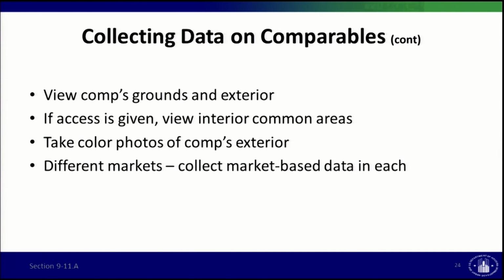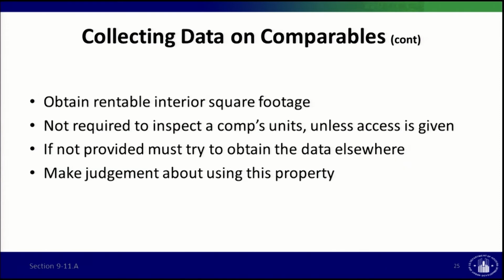You're to view the comp's grounds and the exterior, and if access is given, and you have to get permission, view the interior common areas. You are to take color photographs of the comp's exterior, and if the comp is in a different market area, then you have to collect market-based data in each market. You are to obtain rentable interior square footage.